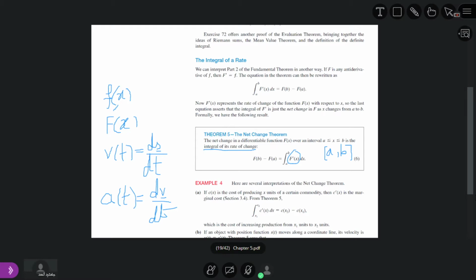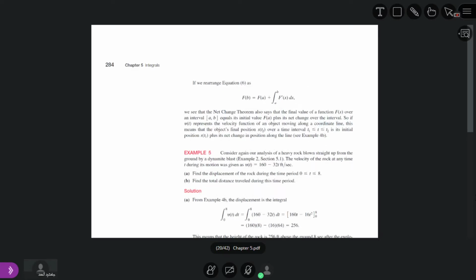If we have to link both differentiation and integration, then we have the following relationship between these.